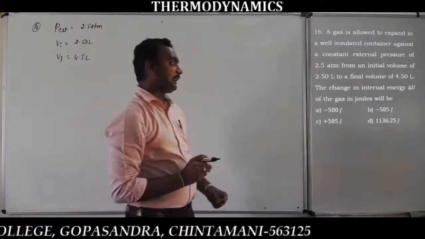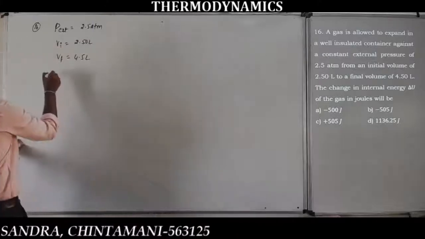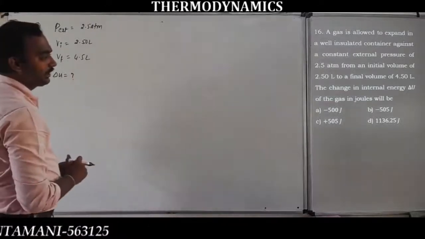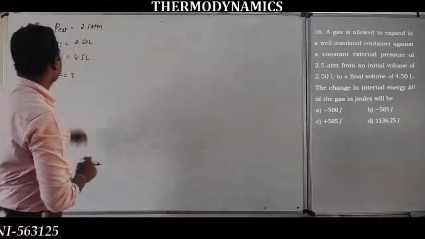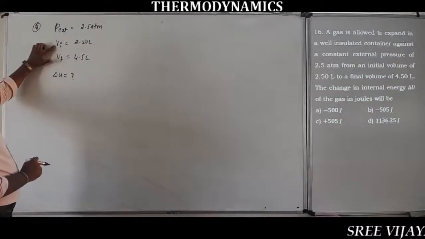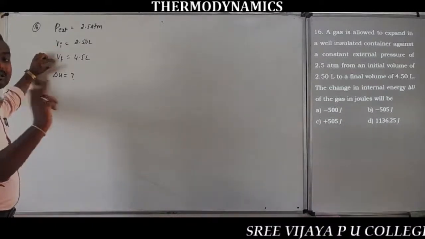The change in internal energy delta U of the gas in joules is, we have to calculate delta U. Here the initial volume is 2.5 and the final volume is 4.5.